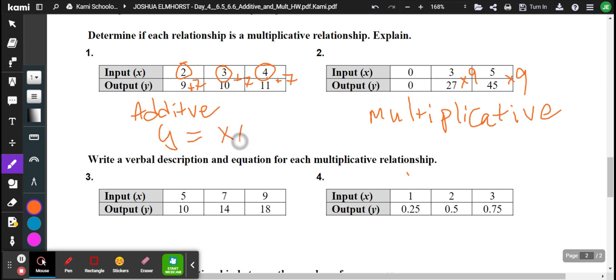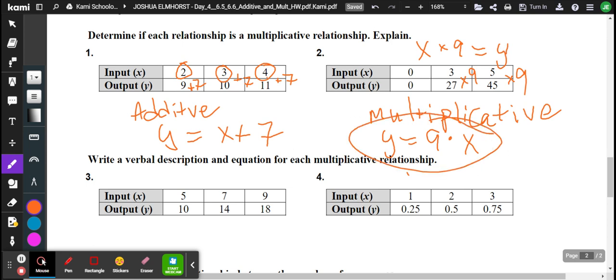Y equals x plus 7, and this would be y equals 9 times x. Now, if you wrote it like this, x times 9 equals y, that is also correct, but that is not our linear equation format. We're going to write it as y equals 9 times x.